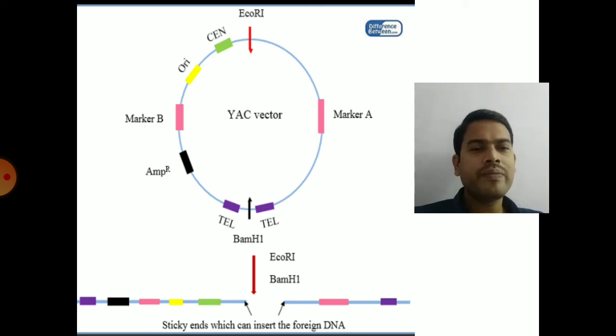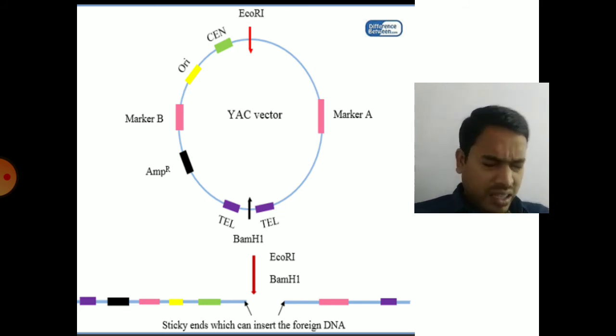Or sometimes that chromosome is used as it is for the transformation of Pichia pastoris and yeast, where you can obtain multiple copies of your foreign DNA, as well as the protein of interest. So that is yeast artificial chromosome.